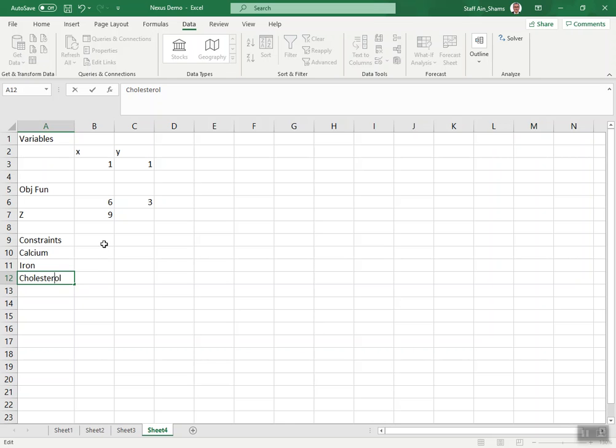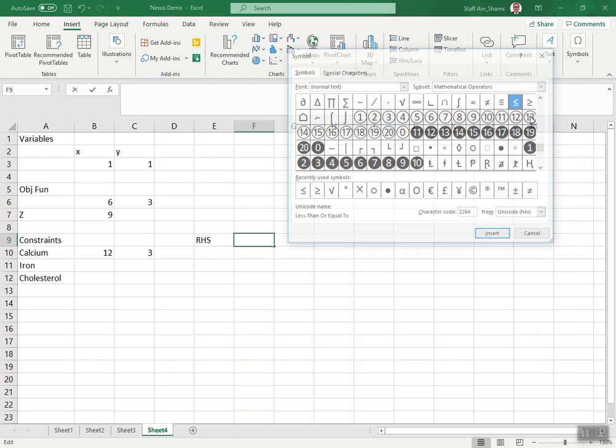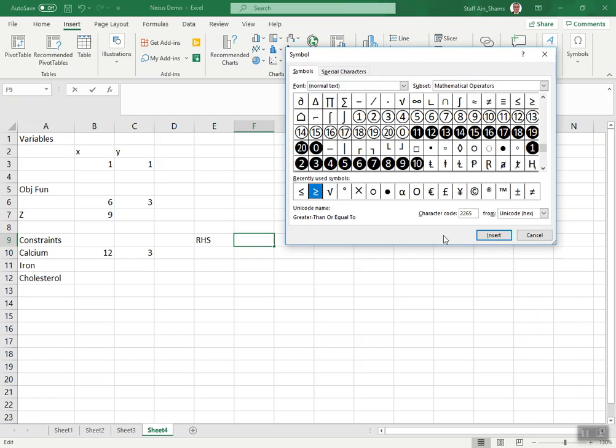The coefficients, according to the previous table, we will have 12 here, 3 here, and we will calculate the left hand side of the equation and the type of the constraint. For this particular one, the type of constraint is greater than or equal. Therefore, I will add here greater than or equal.